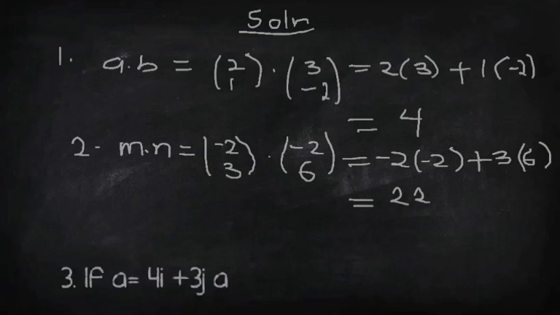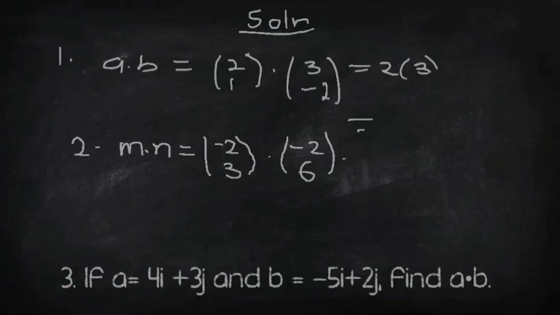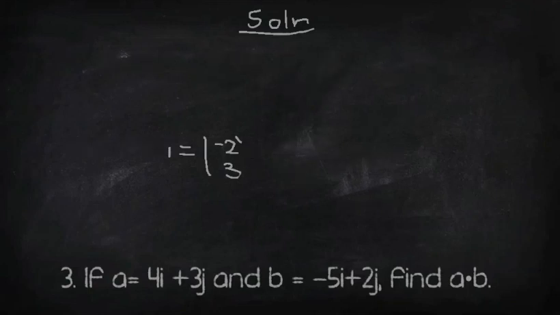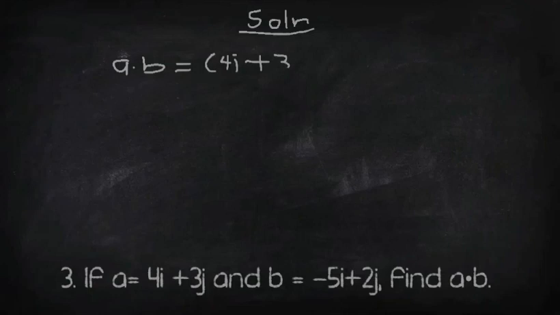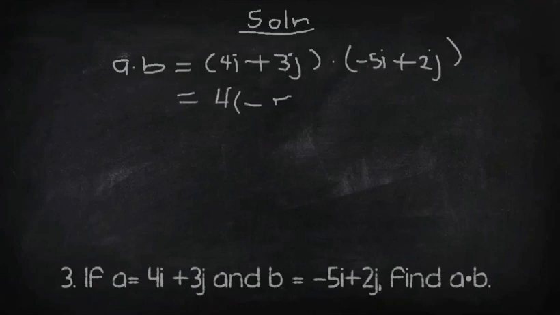But let's consider another question. This one we are using the Cartesian plane method. If a is equal to 4i plus 3j and b is equal to -5i plus 2j, find a dot b. So a dot b is equal to (4i plus 3j) dot (-5i plus 2j).